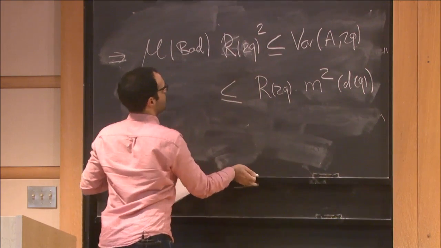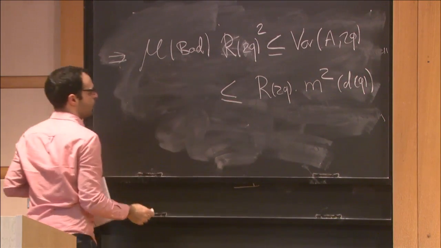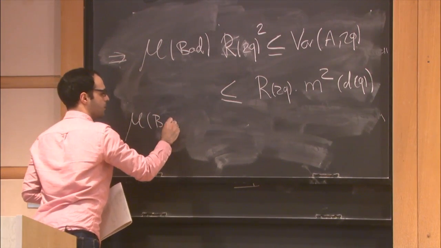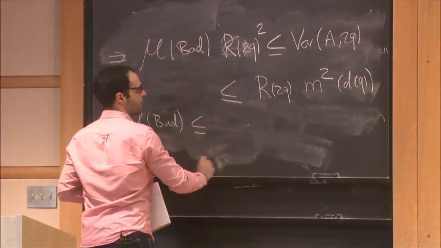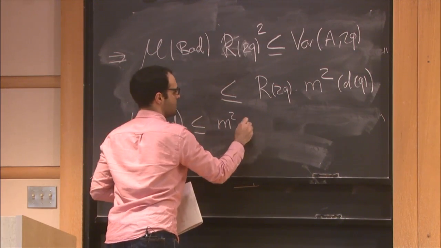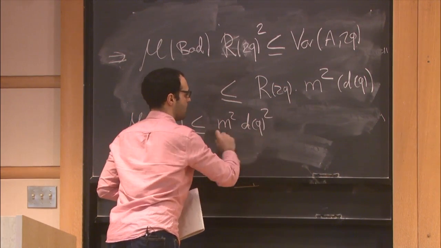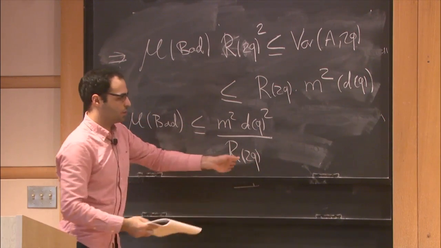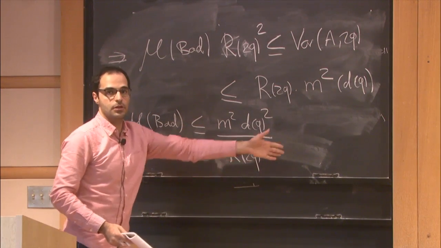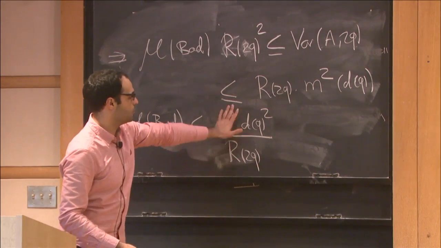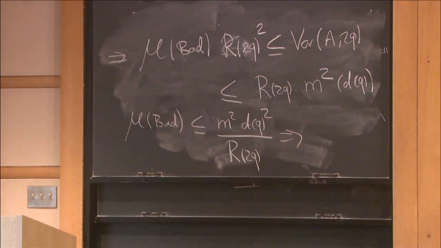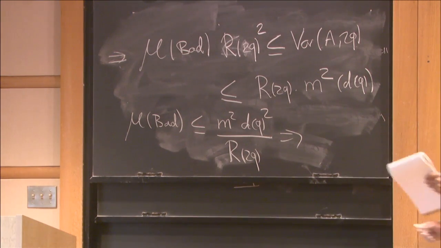Now we cancel one r_2 q with the other one. Mu of bad is going to be less than m squared d(q) squared divided by r_2 q. But as I said, this is exponential in units once you go one unit to the right, but these are polynomial in m. So this implies the theorem. So I'm going to stop here.